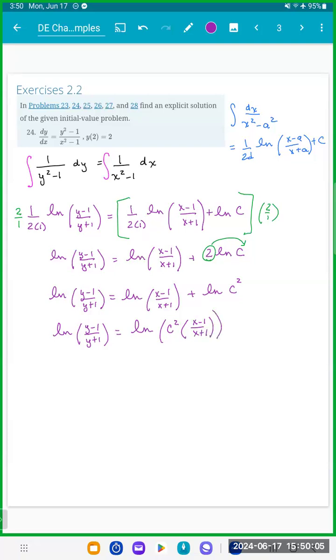Okay. And if we let our c squared just equal capital C or something so that it's just another constant, we could do that as well. So I'll write that here. We're going to let c squared equal C, which is just another constant.